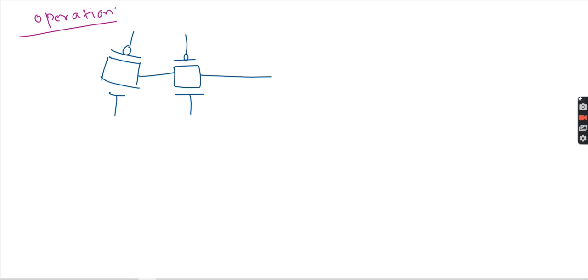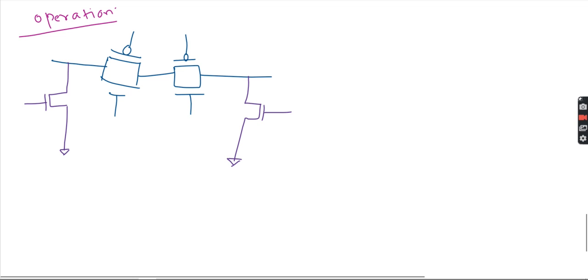Then we have two clamp NMOS, this will be your NMOS and this will be your NMOS. Now the inputs and outputs: this will be the input X, this will be the output Y bar, then this will be Y, then X bar.